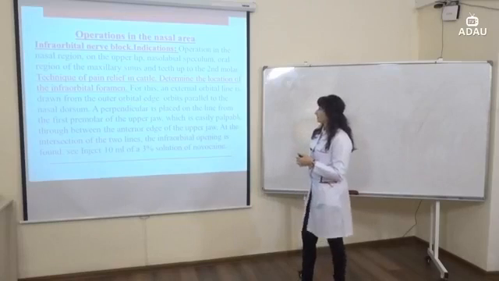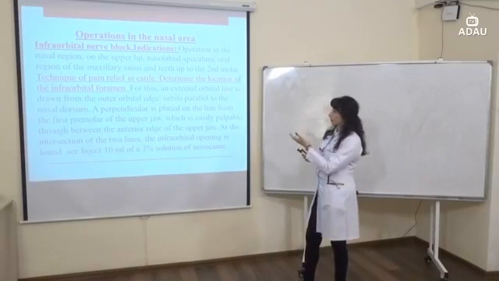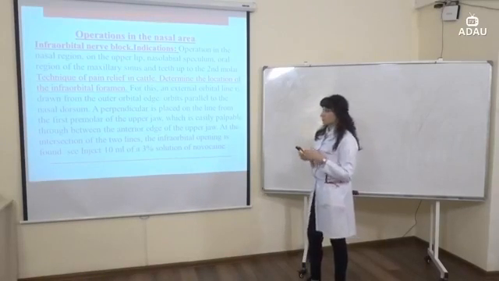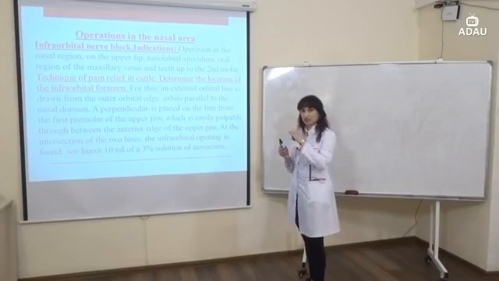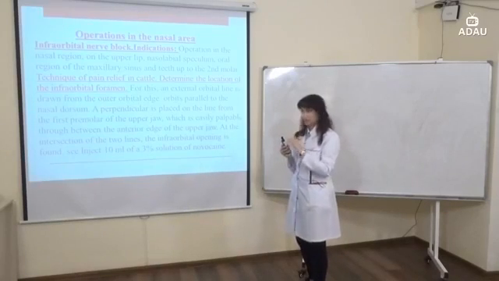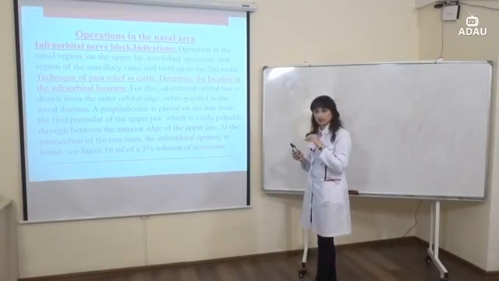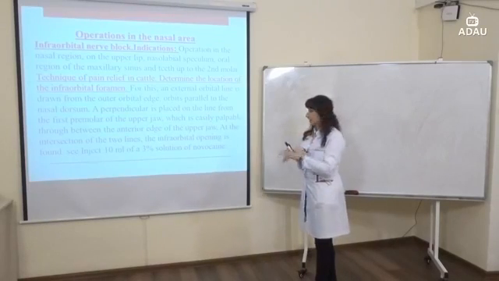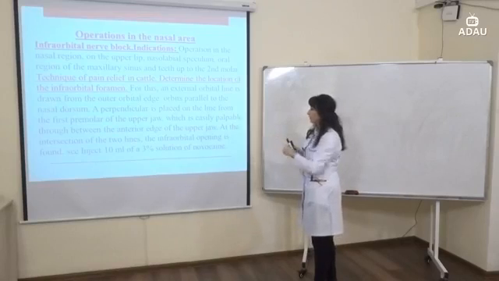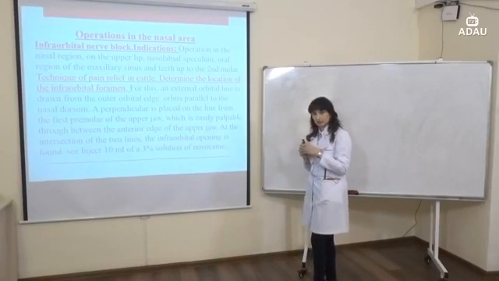An external orbital line is drawn from the outer orbital edge, perpendicular to the teeth of the second molar, maxillary nerves. This can be palpated very easily, at the anterior edge.